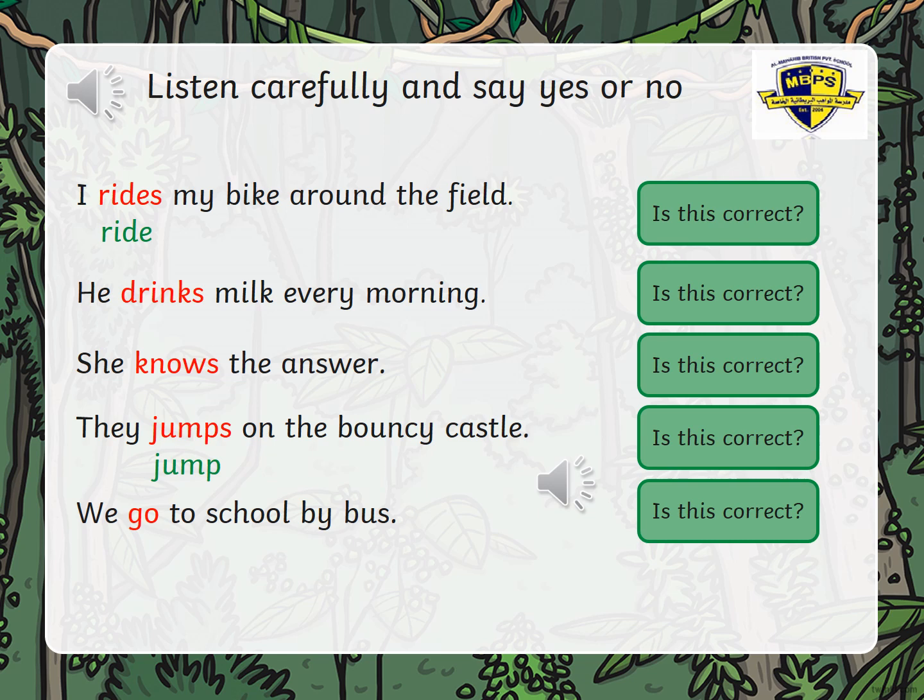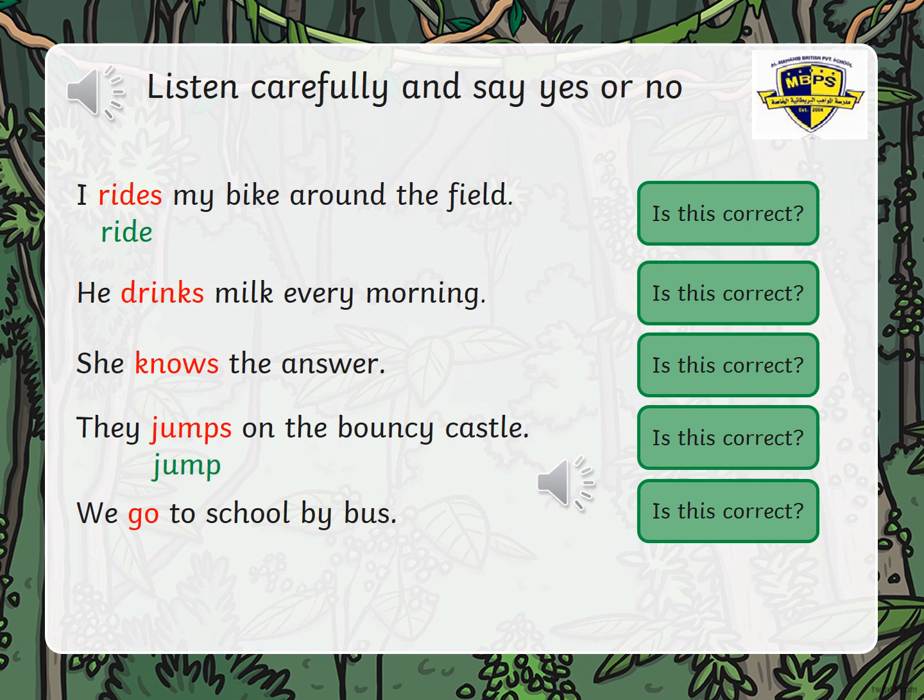Is this correct? Think. No, it's not correct. It's going to have the correct word underneath it. Look. Can you see now? Yes, ride. Because I ride, they ride, we ride, you ride. They don't like the S. Very good. So this is wrong.